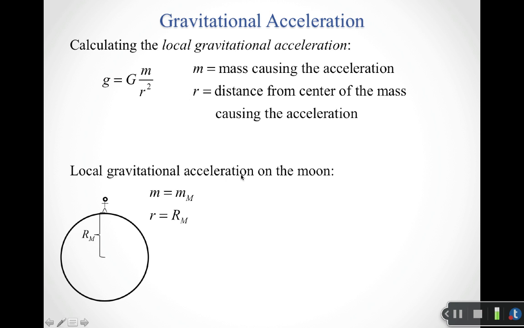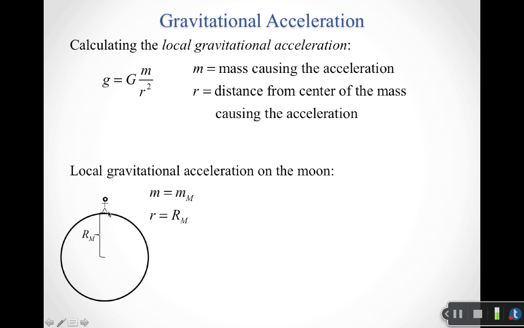So if you want to talk about the local gravitational acceleration on the moon, well, now here's the moon. We're going to act like all of the moon's mass is concentrated at a point particle at the center, and some astronaut standing on the moon. We're going to act like the mass of the astronaut is a point particle here at the surface. So the mass causing the gravitational acceleration is the moon.